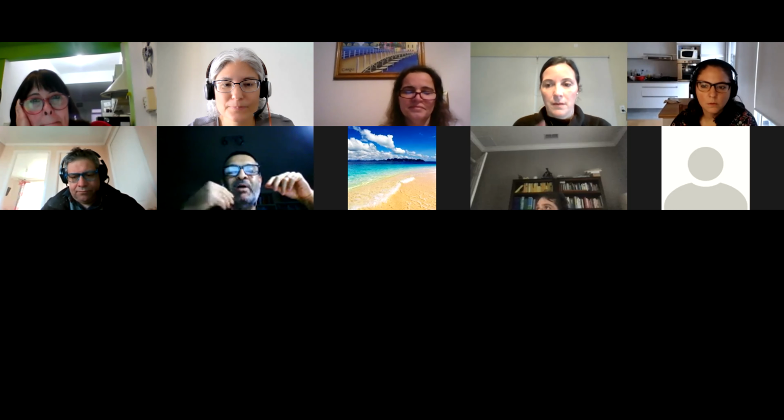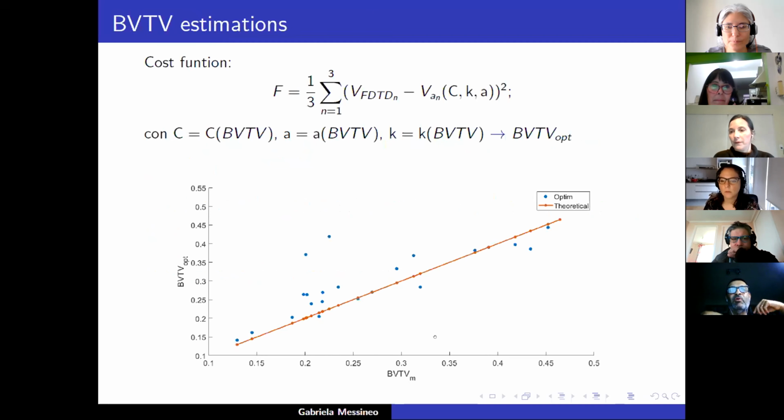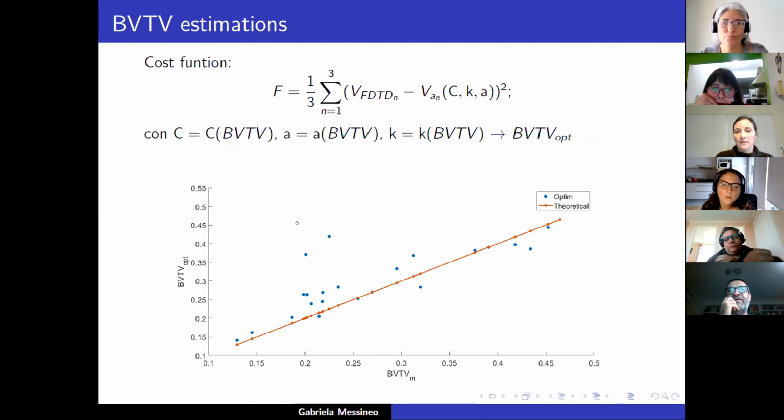My question is if you think that this is a problem with the measurements or it's a problem with the model. We can see that around 0.2 there are some measurements that are really off the model, right? Yes, these were terrible. We can erase that. Okay, so it's a problem with the measurements, actually.